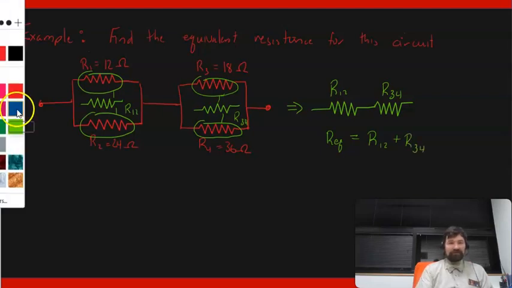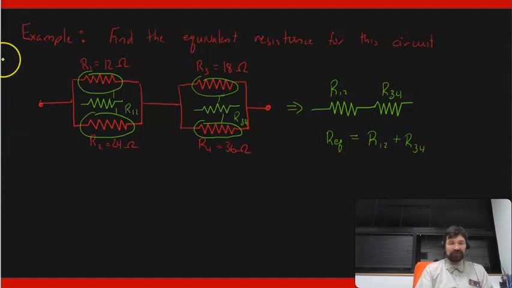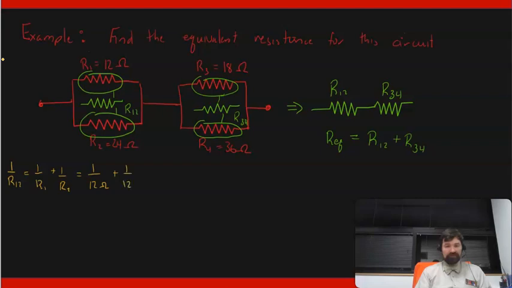So now what we want to do is basically go back and solve for each of these two in turn. So this set in parallel, what we would end up with is 1 over R12 is 1 over R1 plus 1 over R2. You can plug in the numbers, so we have 1/12 plus 1/24.